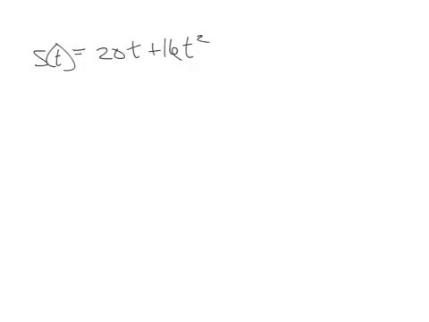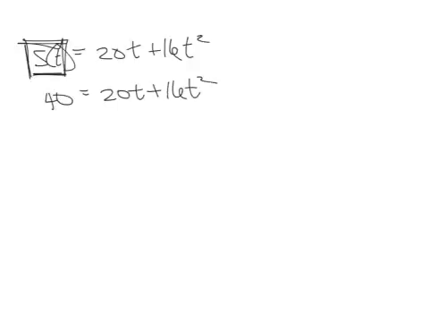Okay, so this is the speed, or according to time, that we're going to be looking at. So that's going to be our 40 feet equals 20t plus 16t squared.